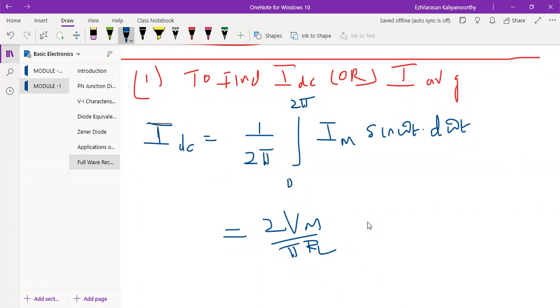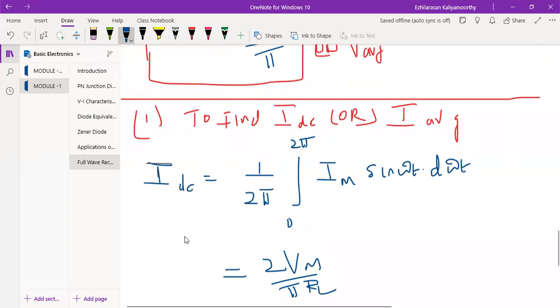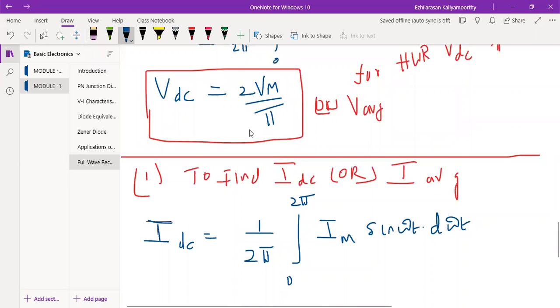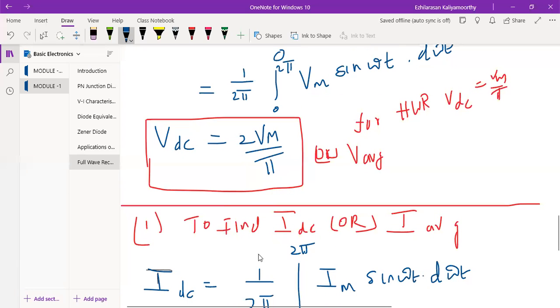The load resistance we should not remove, because as per Ohm's law, I is equal to V by R, so V equal to 2 Vm by pi.